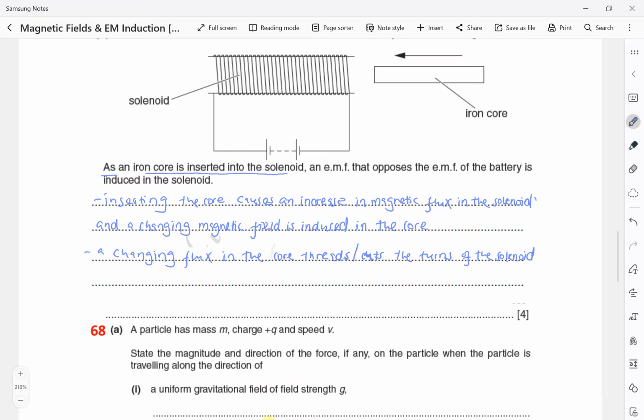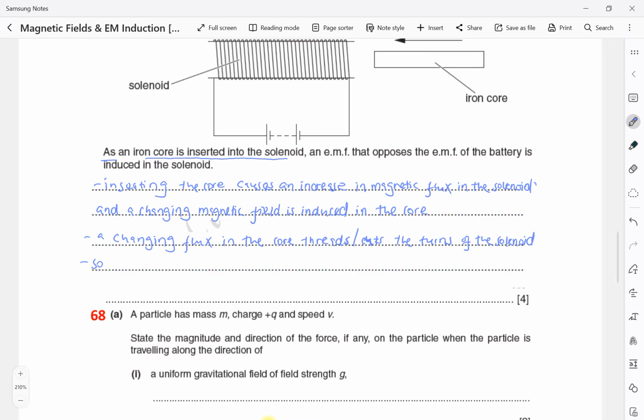And by Faraday's law, an e.m.f is induced in the solenoid again, but this e.m.f induced in the solenoid is caused by the changing magnetic flux in the core, not in the solenoid.